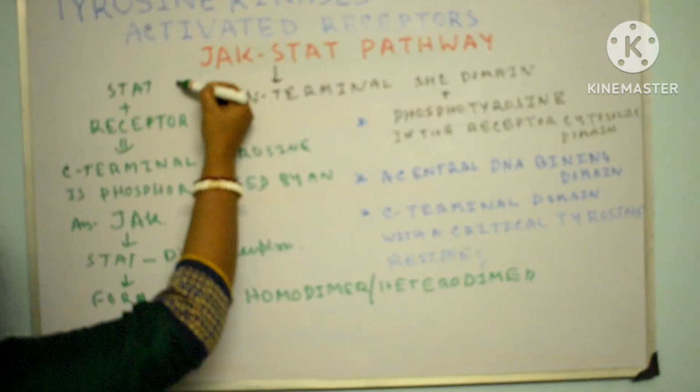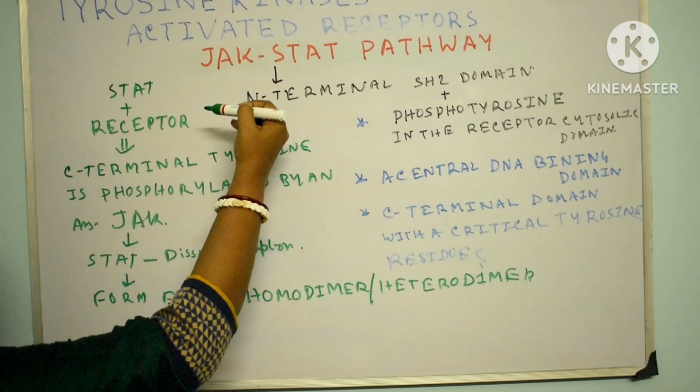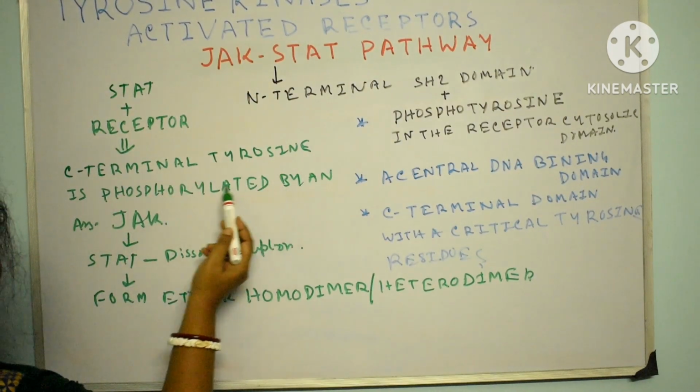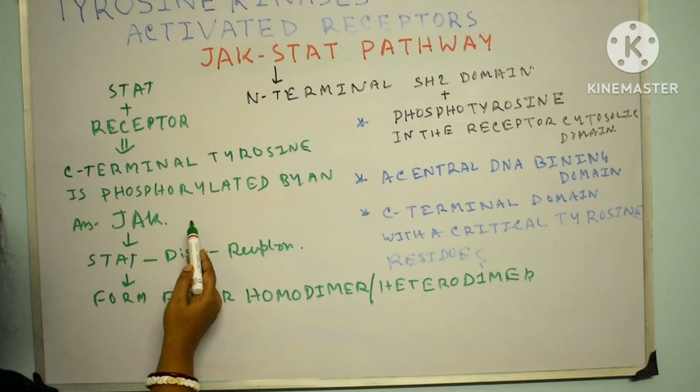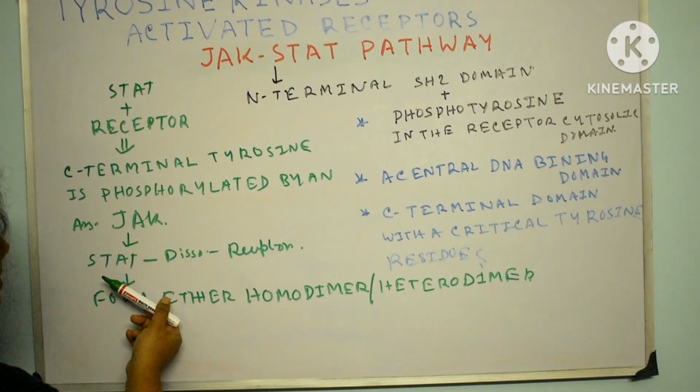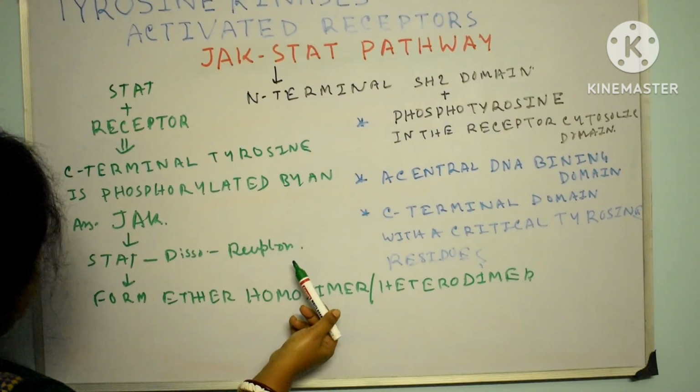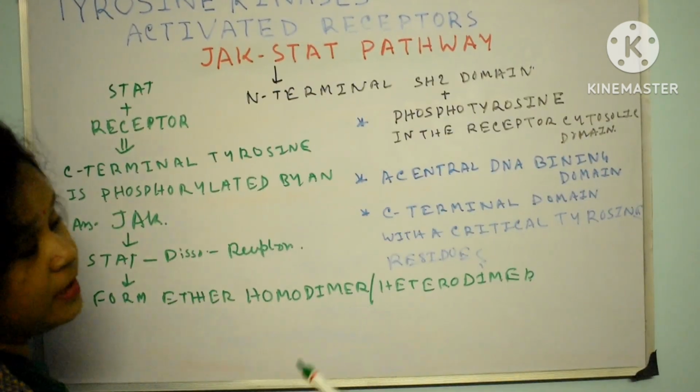When STAT binds with a receptor, the C-terminal tyrosine is phosphorylated by an associated Jak, and after that STAT dissociates from that receptor and forms either a homodimer or heterodimer.